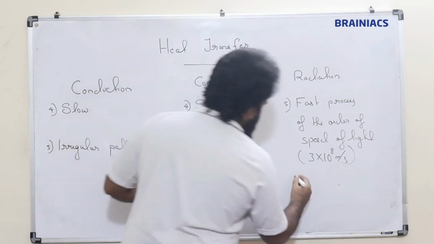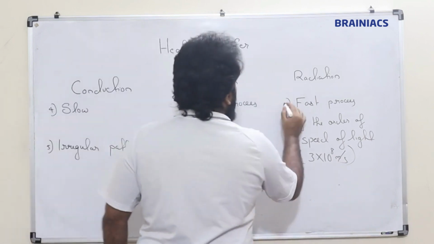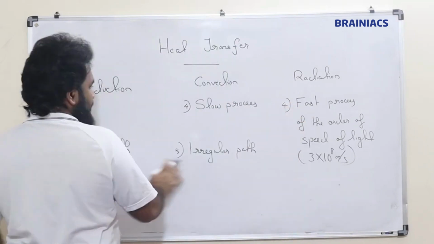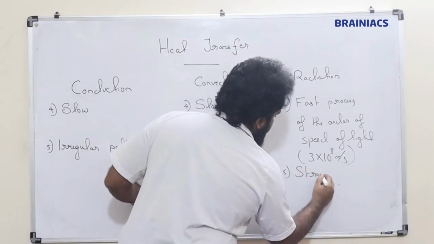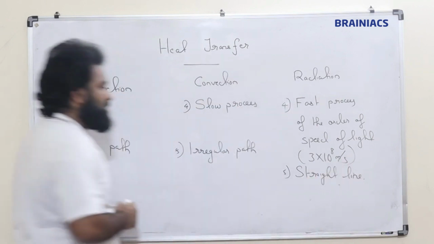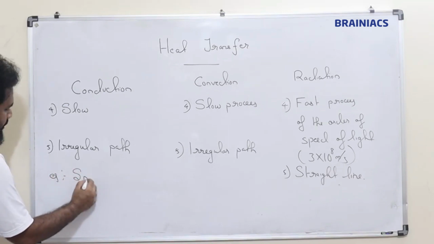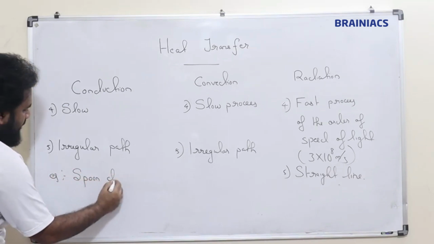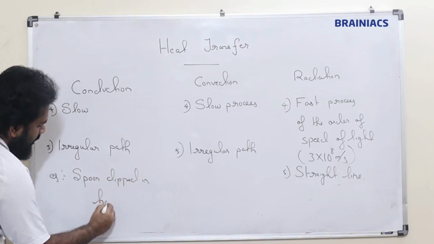Here in this case, straight line. Here this is a straight line. Clear? Example, a spoon dipped in hot soup.